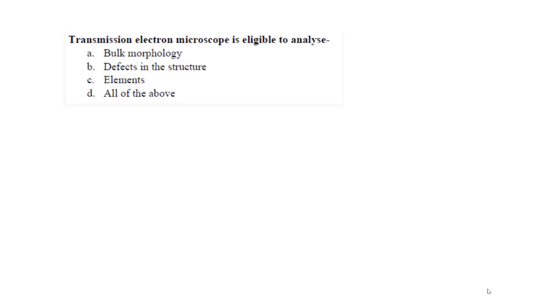Exactly. We can observe the bulk morphology by cutting a very thin, ultrathin cross section of the polymer or material, and then defects in the structure. Since we can observe the atoms in the material, those atomic defects can also be observed, and the elemental information from the X-ray characteristic mapping can be observed. So all of the above.